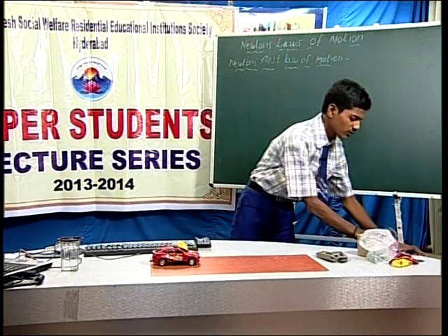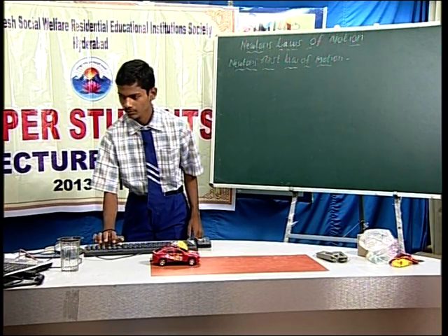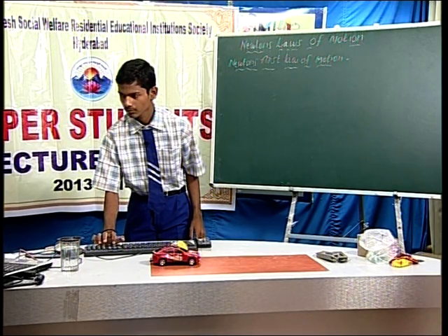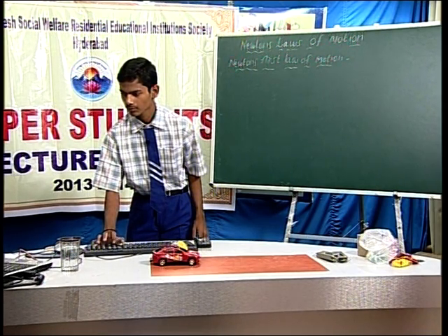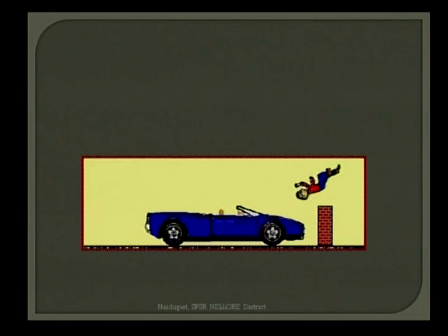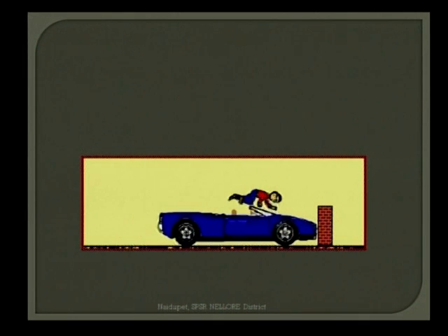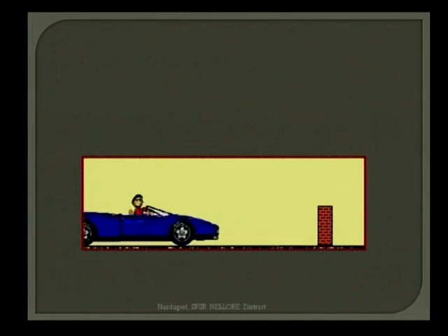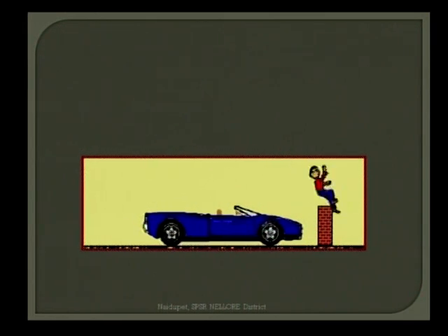Then see one more example. See, in this example, when a person is driving a topless car with great speed, and the topless car is stopped suddenly, he is in danger of being thrown over the car.